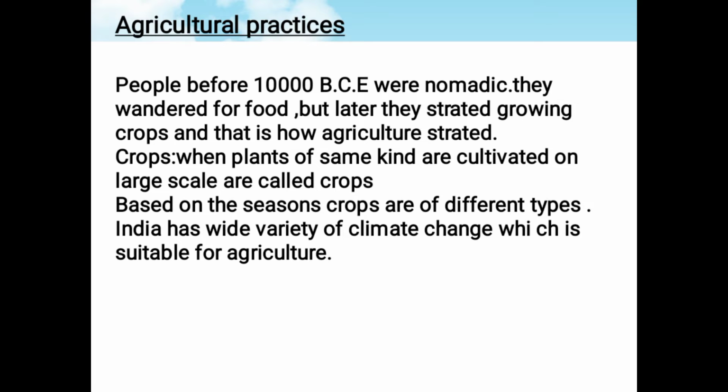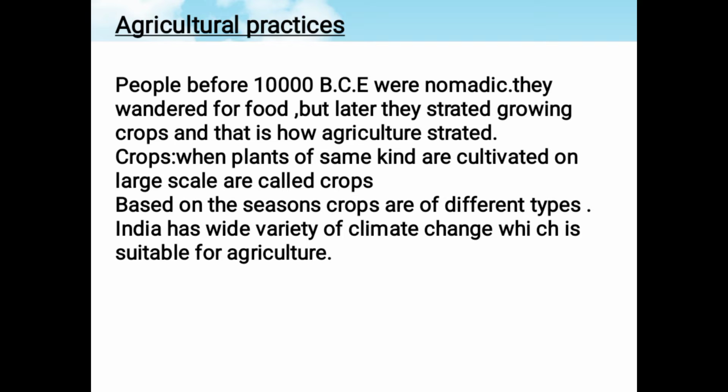So what are crops? When plants of the same kind are cultivated on a large scale, they are called crops. For example, take a wheat plant. Many wheat plants cultivated in the same place is called a crop.